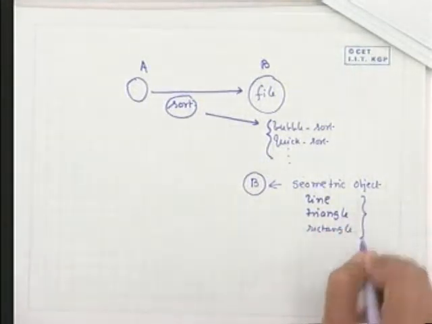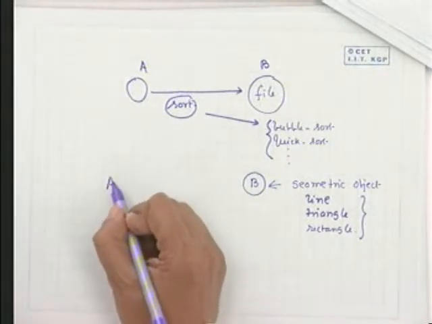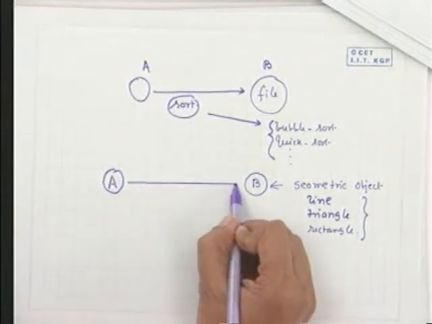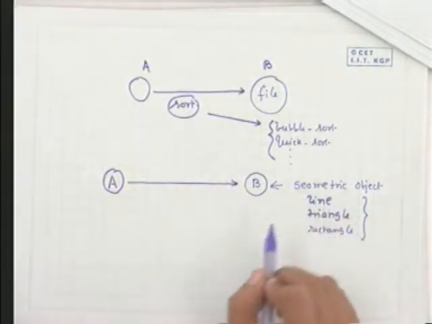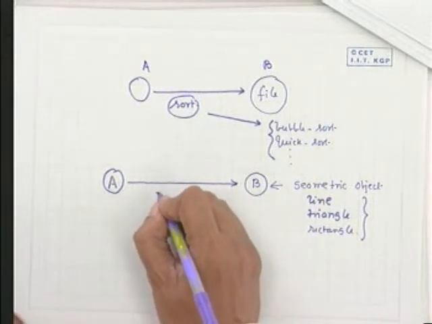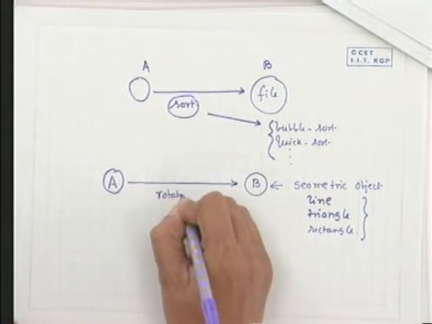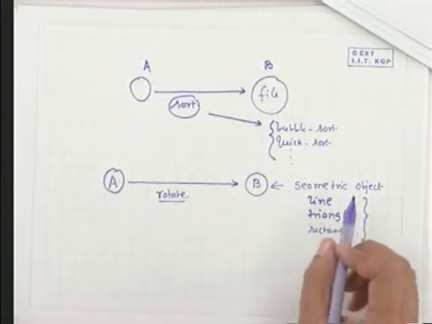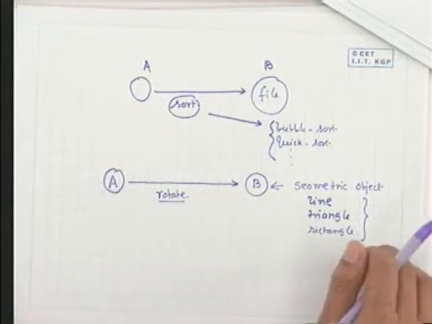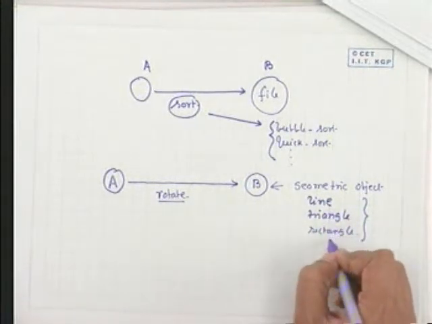Now say another class A, say for instance the student class, wants an instance of the class of geometric object to be rotated. As we can see now, depending upon the type of the target object, whether it's a line, triangle, or rectangle, there can be different ways the rotation will be performed.